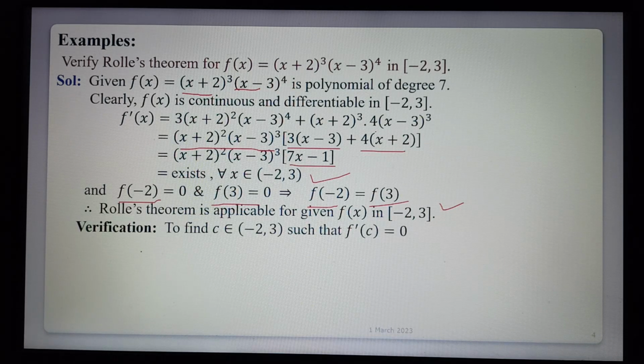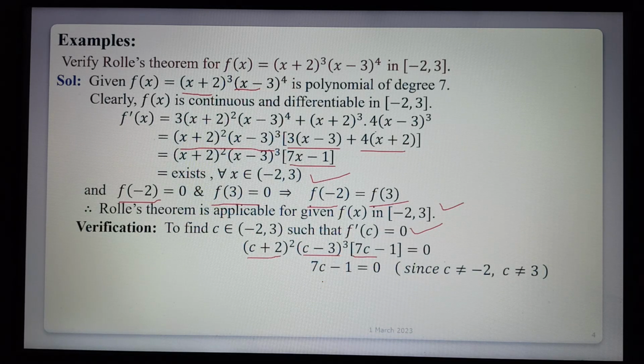What does verification mean? We find at least one point c between -2 and 3 such that f'(c) = 0. We already found f'(x), so substituting c: (c+2)^2 (c-3)^3 (7c-1) = 0.